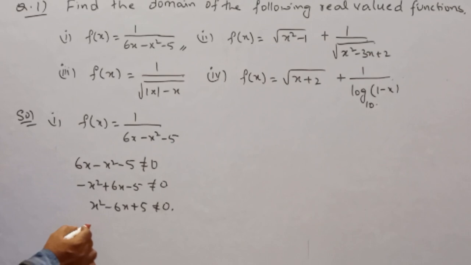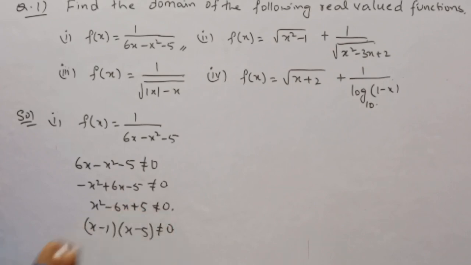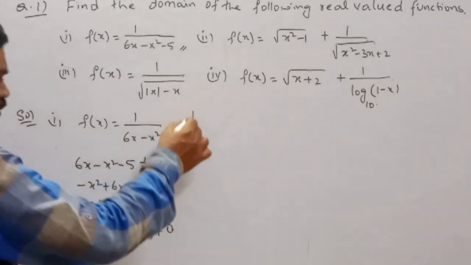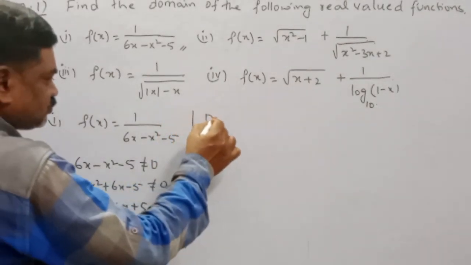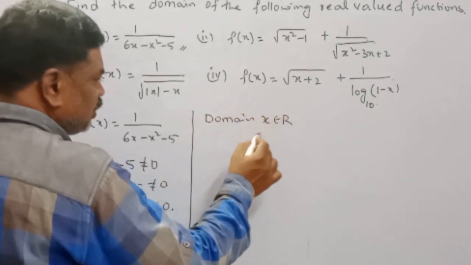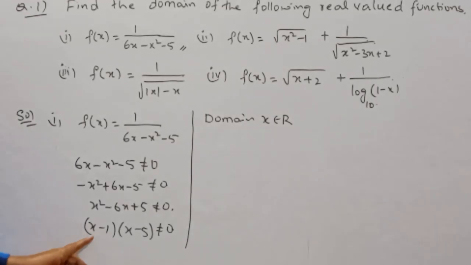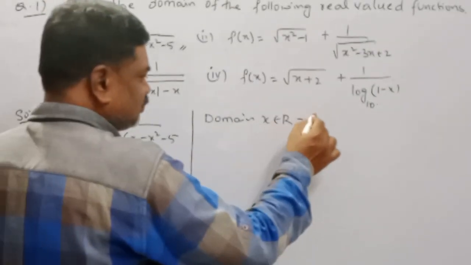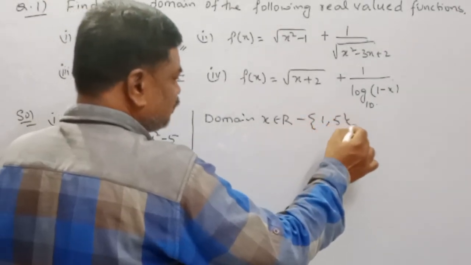This is x minus 1 into x minus 5 not equal to 0. So what is the domain? Domain x belongs to R, all real numbers except 1 comma 5.